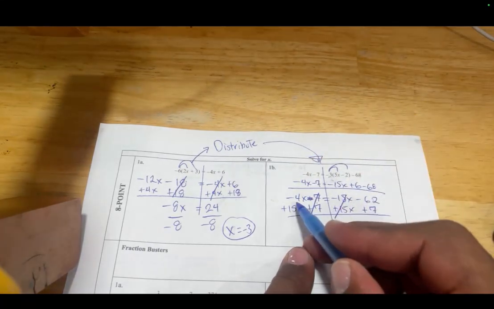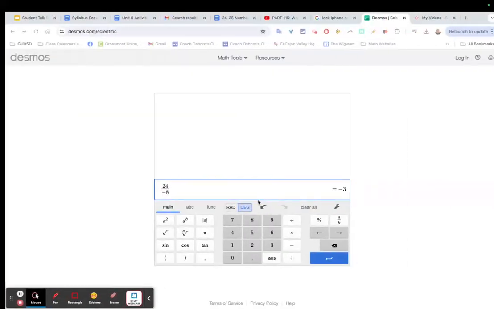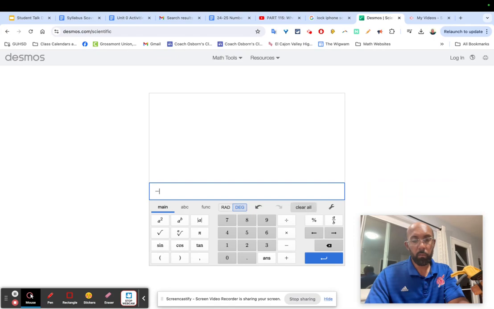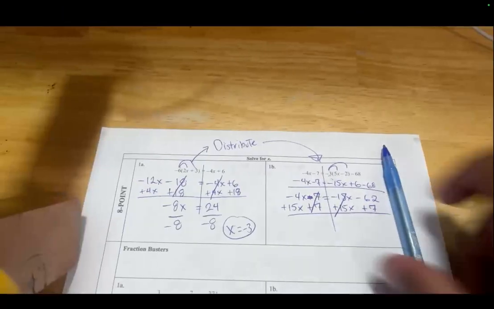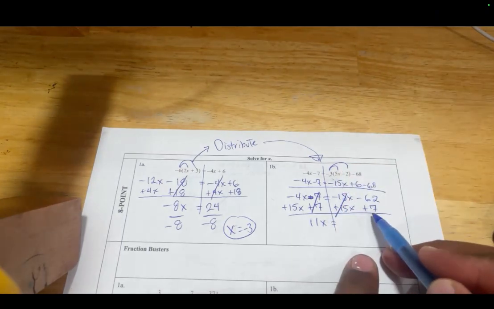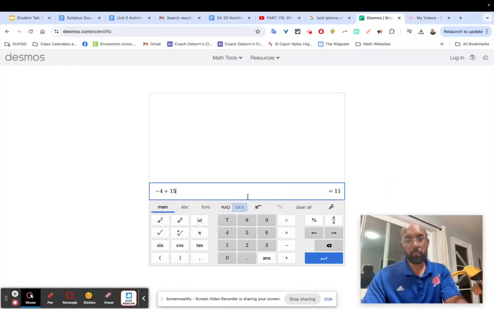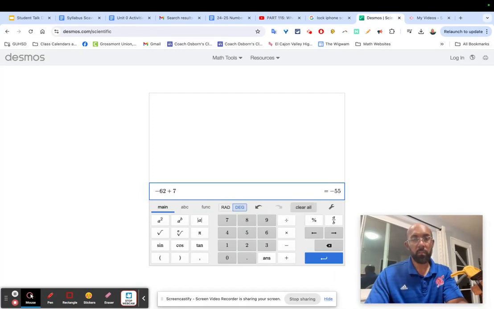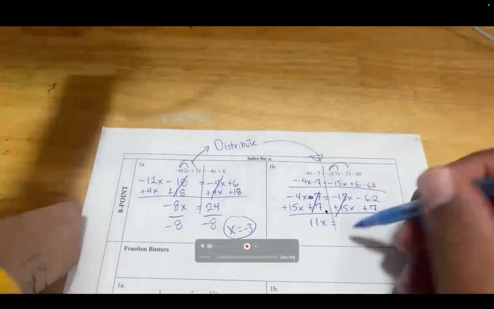So now we have minus 4x plus 15x. 4 plus 15, that's an 11. So 11x. And then we have negative 62 plus 7. Negative 62 plus 7, that's a minus 55.